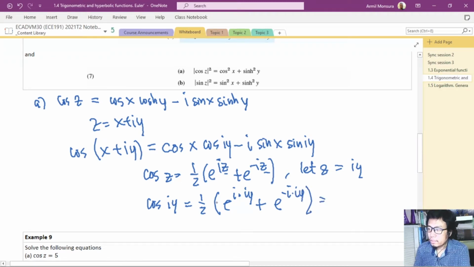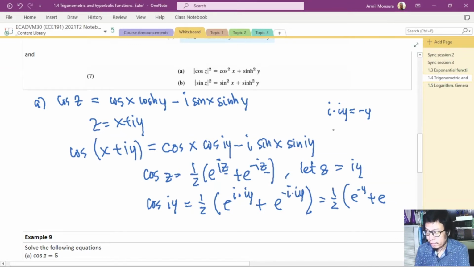Now, take a good look at the exponent. So this is i times iy. And i times i is i squared, which is basically negative 1. So this entire product, i times iy, becomes negative y. Rewriting that, we will have 1/2 times e raised to negative y plus e raised to negative i times iy, which is positive y.